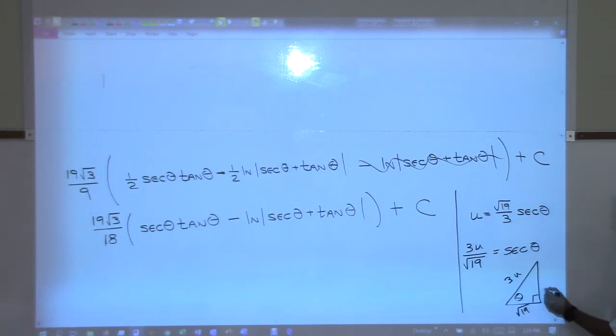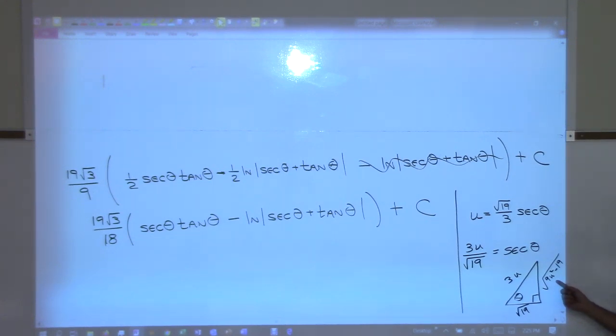And so this side should be the square root of 9u squared minus 19. I know y'all are going to look at that and be like, what the hell? We've never seen that before. That looks wrong, right? Do y'all agree that that looks not like what we had before?